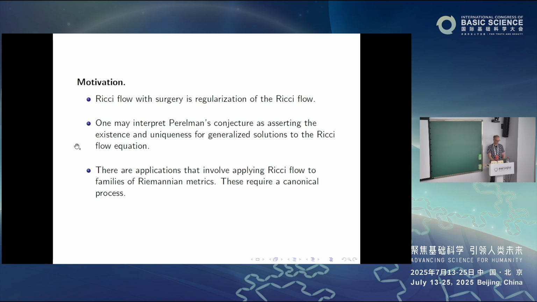You can also interpret Perelman's conjecture as asserting the existence and uniqueness of some sort of generalized solution to the Ricci flow equation. And a further motivation is that if you want to apply Ricci flow to a family of Riemannian metrics, not just one metric, which is what we're going to be doing, well, then you kind of need a canonical process, and it should depend nicely on the initial data.